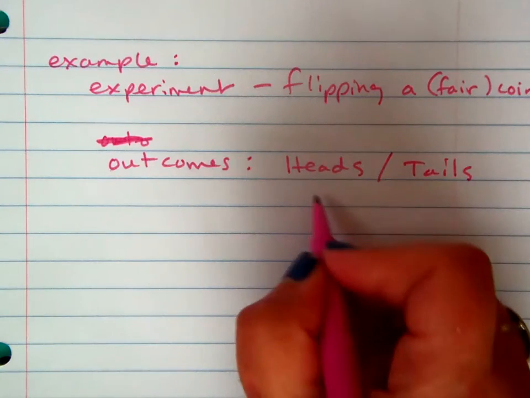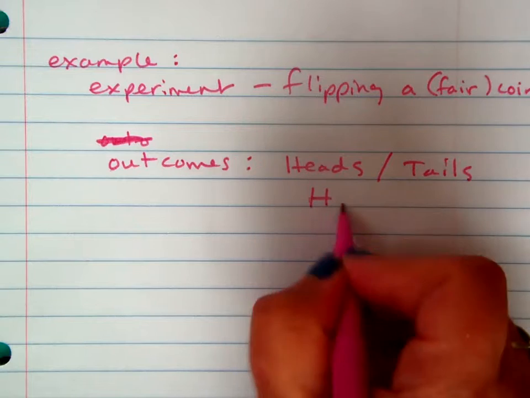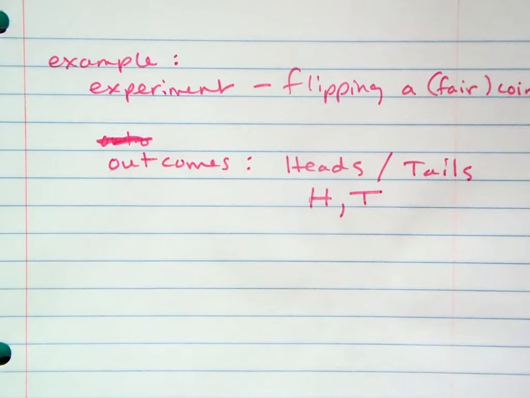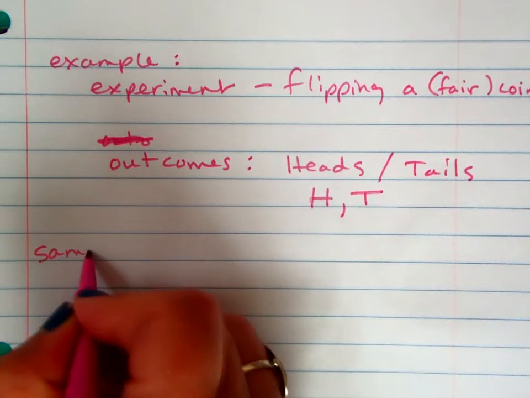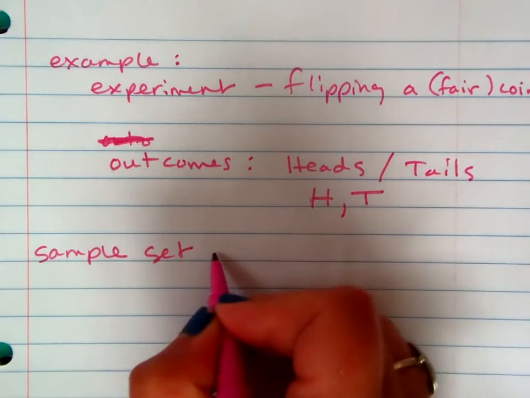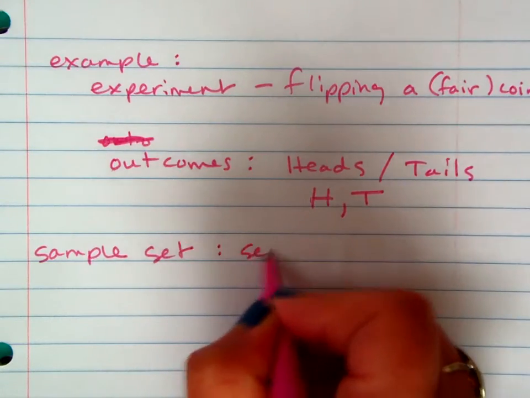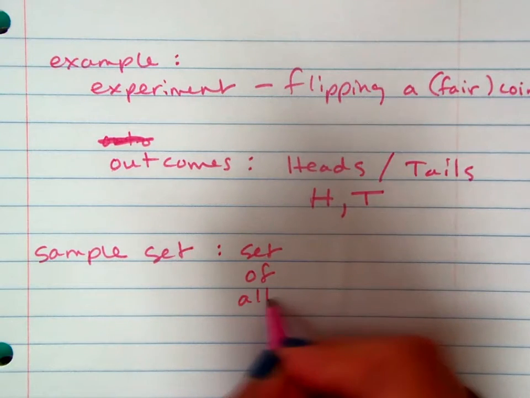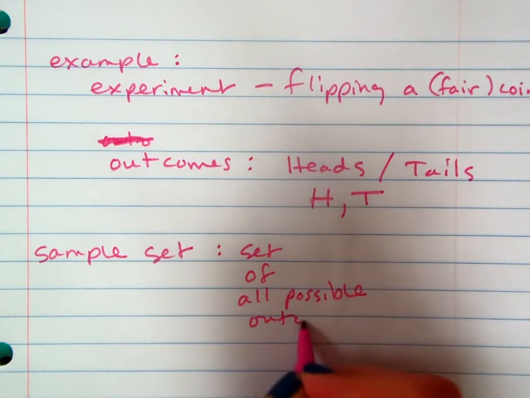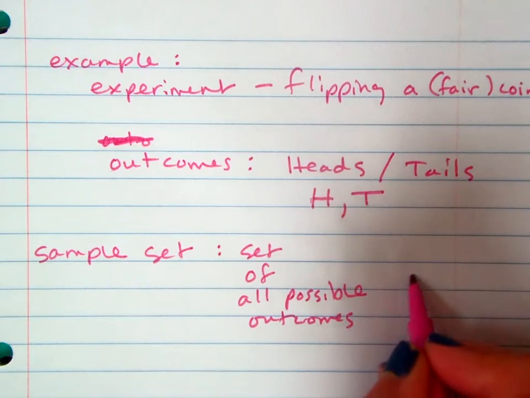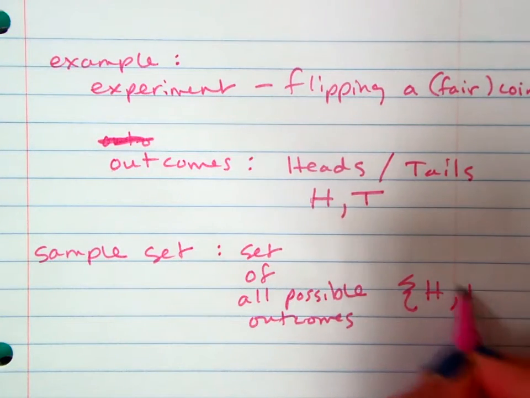And often we write those outcomes as H, T. Okay, and the sample set is the set of all possible outcomes. In this case, the set of heads or tails.